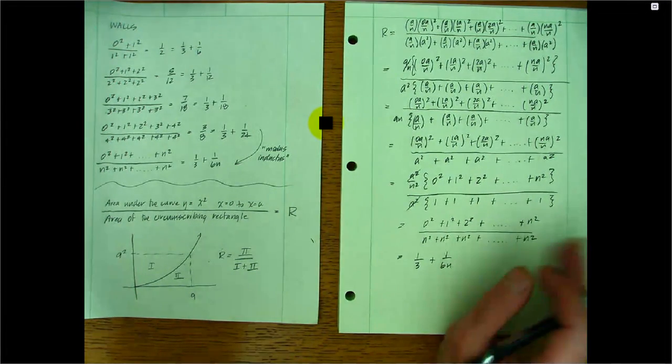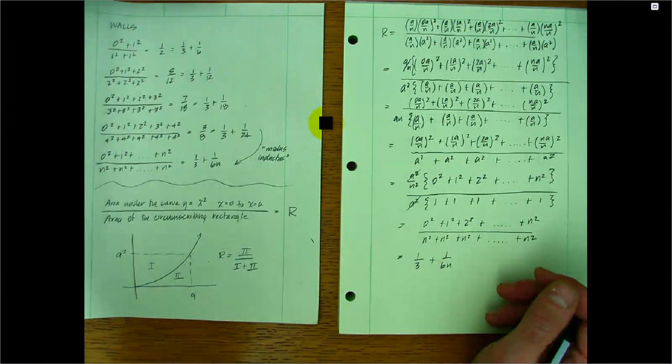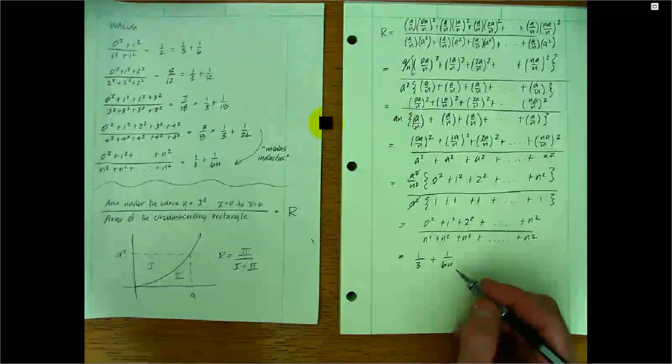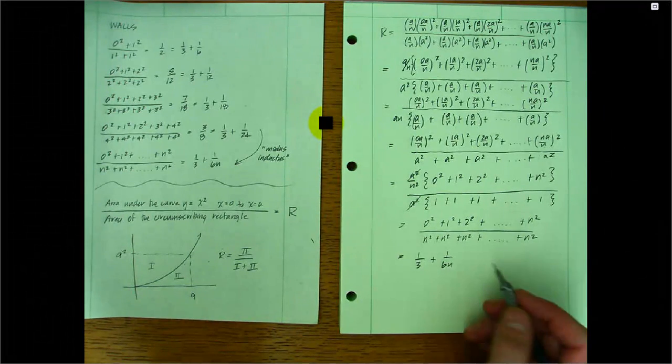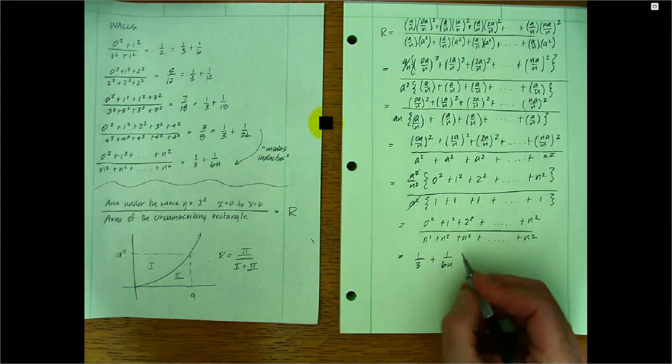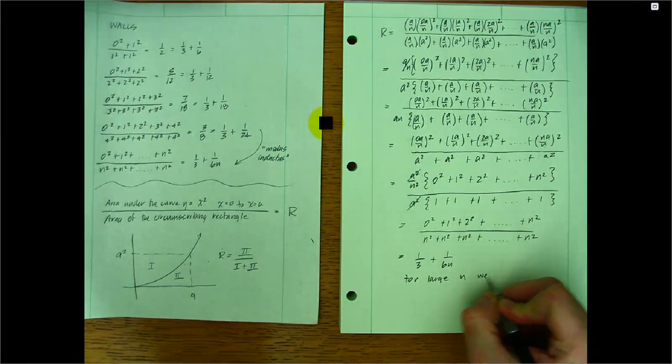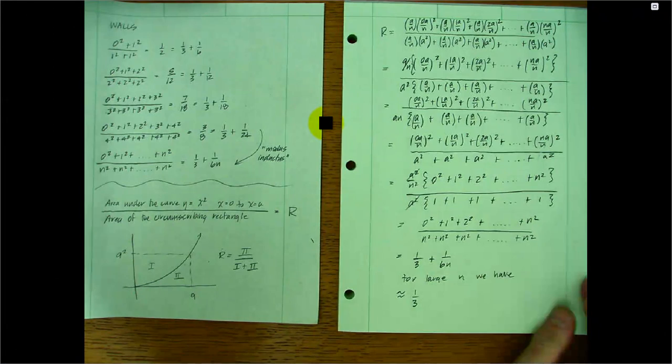And then Wallace argues that as n gets really big, if we choose a large number for n, then this term is essentially going to 0. So for large n, we have this thing approximately equal to 1/3.